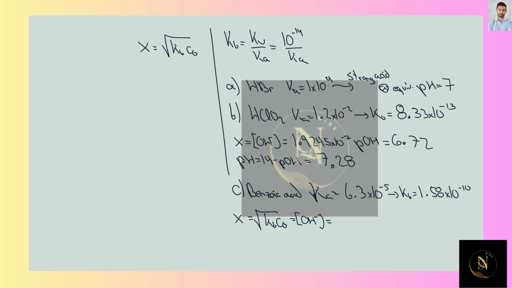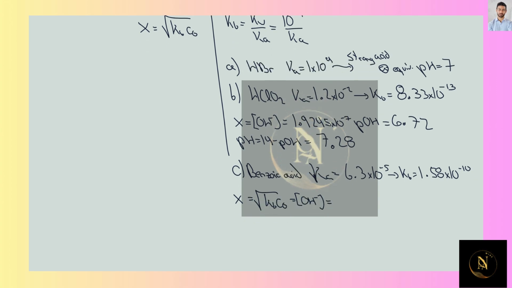Remember C0 is 0.04444. This is going to be 2.66 times 10 to the minus 6. So pOH is equal to 5.575, actually 5.576. Thus, the pH is going to be 8.424.